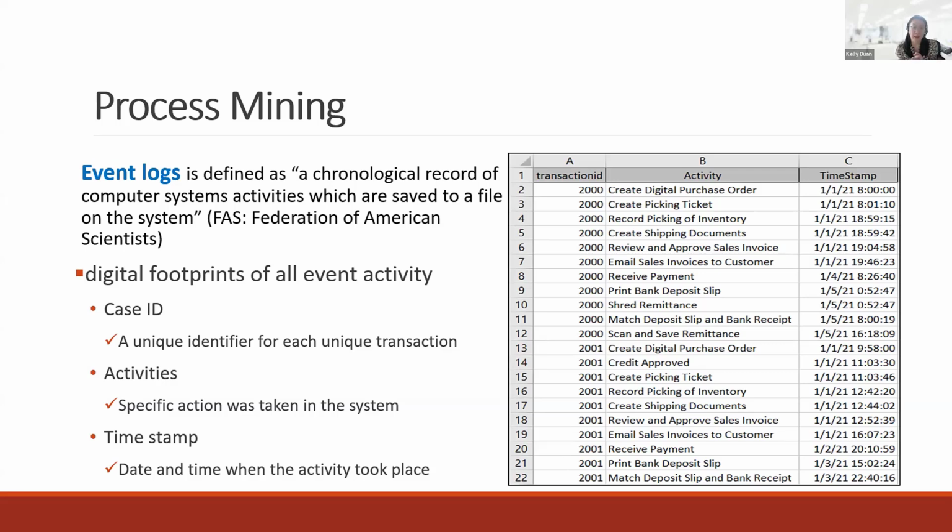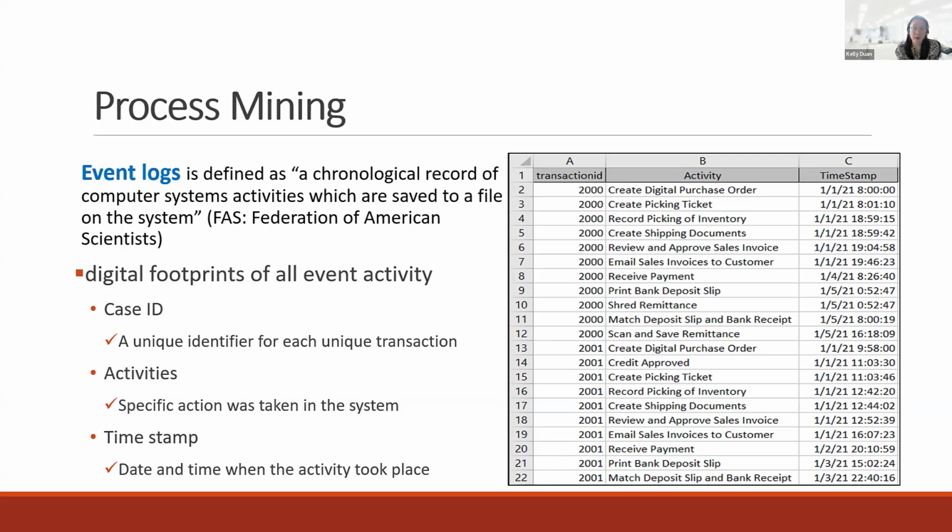Sometimes it's called a transaction ID. The second piece of information it requires is activities, which are the specific actions taken in the system. The third piece of information is a timestamp, which is when the activity took place, including the date and time.